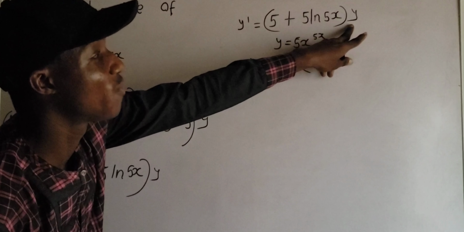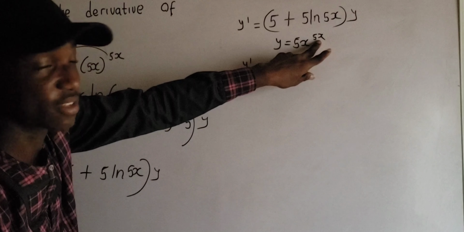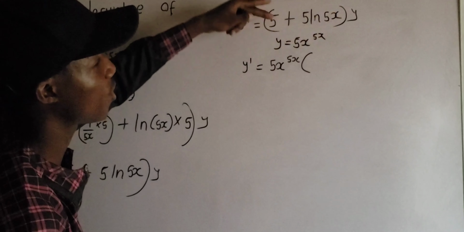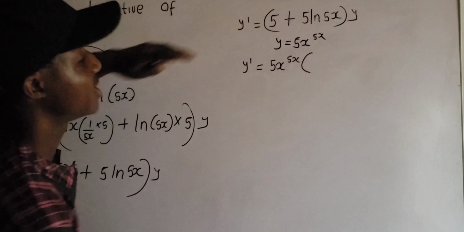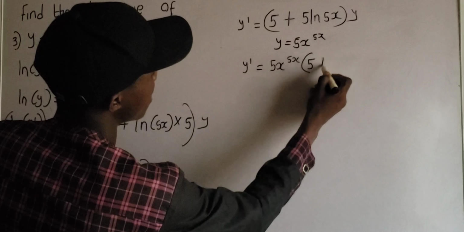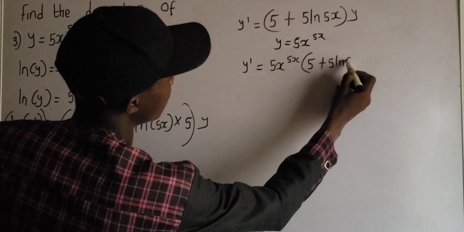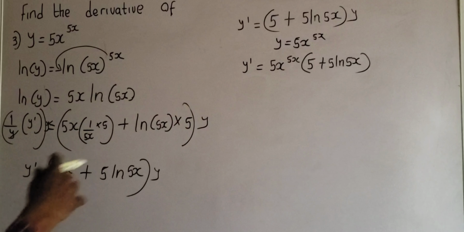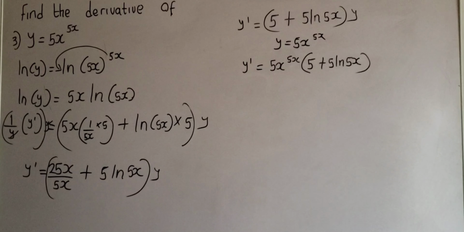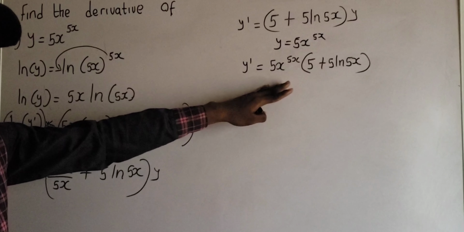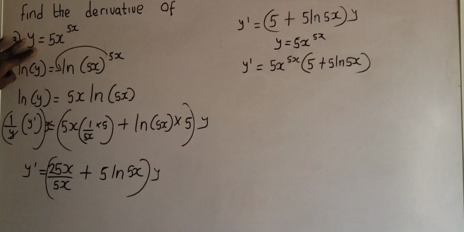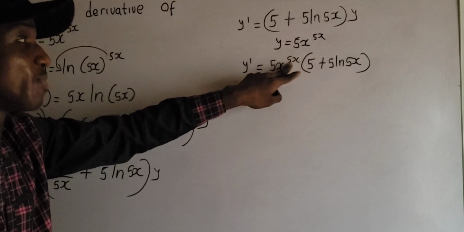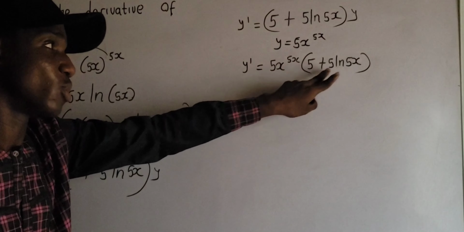So 5x raised to the power of 5x multiplied by the entire quantity in this bracket, 5 plus 5 ln 5x. You can leave your answer like this and you can also expand, but for the sake of simplicity, I prefer the answer in this form. So the derivative of y is 5x raised to the power of 5x multiplied by 5 plus 5 ln x.